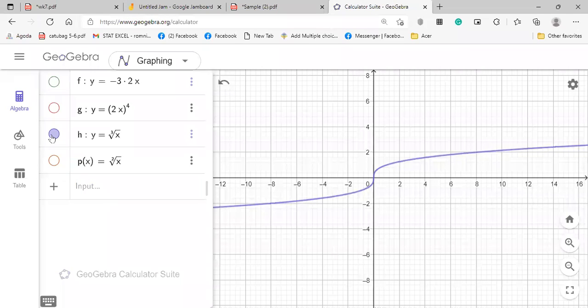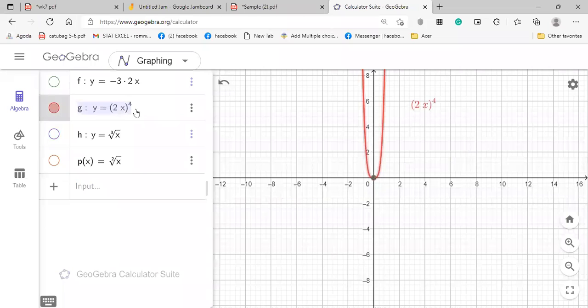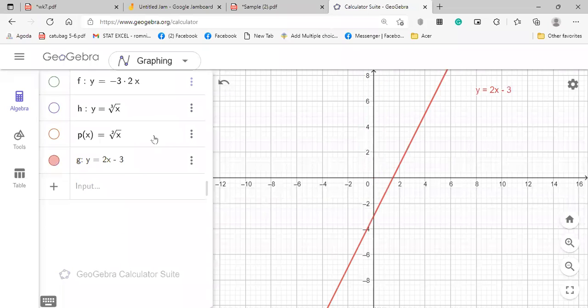For example, ibalik natin siya sa 2x. Di ba, this is 2x. Nag-minus ka ng 3.